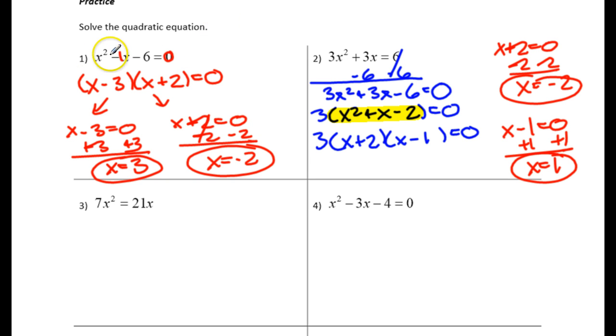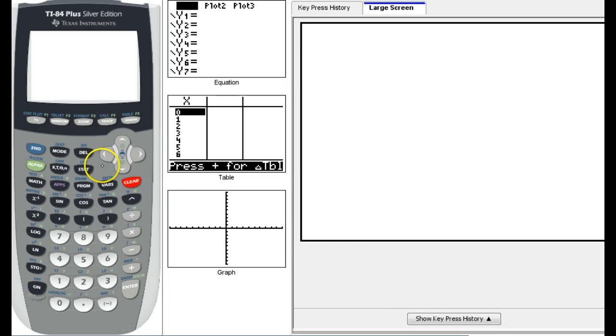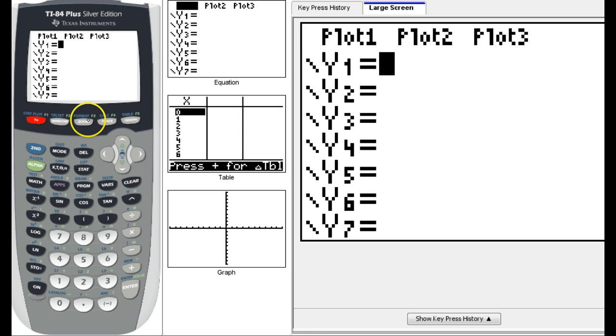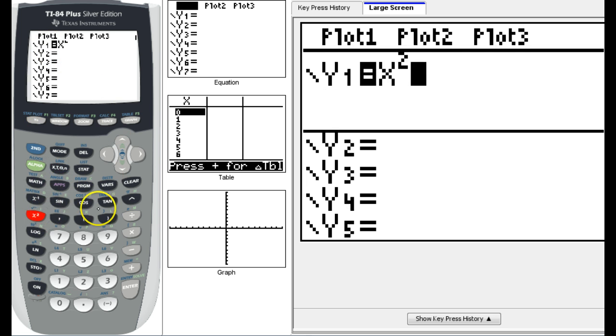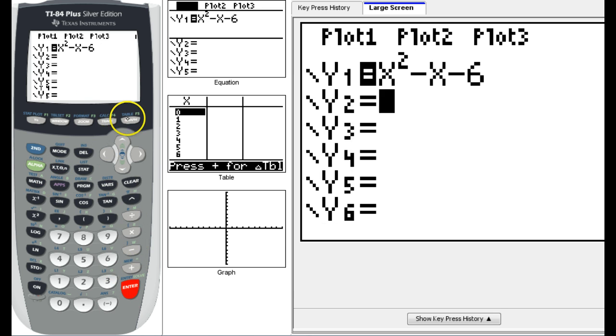I'm going to go to my calculator, and I'm going to type in this first equation. So remember, go to your y equals so you can enter your equations. And I'm going to just type in the first example we did. X squared minus x minus 6. And I'm going to graph it.